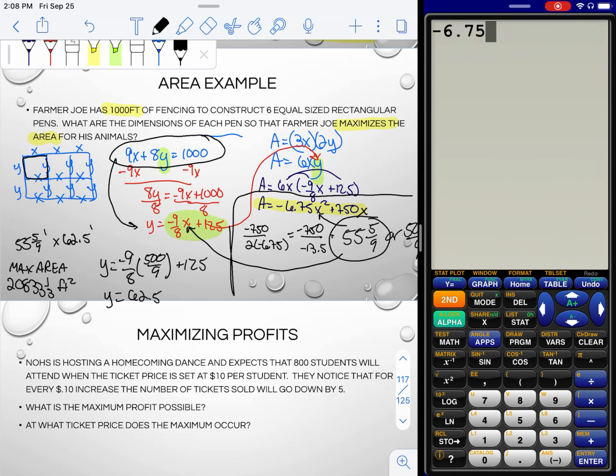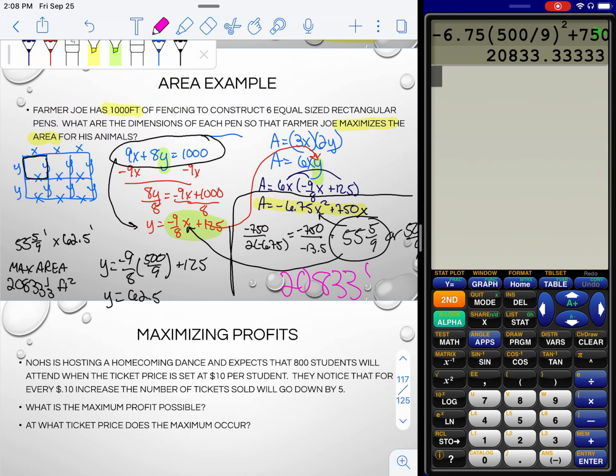Apologize for the mistake. Negative 6.75 times 500/9 squared plus 750 times 500/9. There's our answer: 20,833 and 1/3. I must have typed something in incorrectly. So that 20,833 and 1/3 is the corresponding y value of our vertex, which confirms everything. Again, I apologize. I must have overlooked something in typing it in.